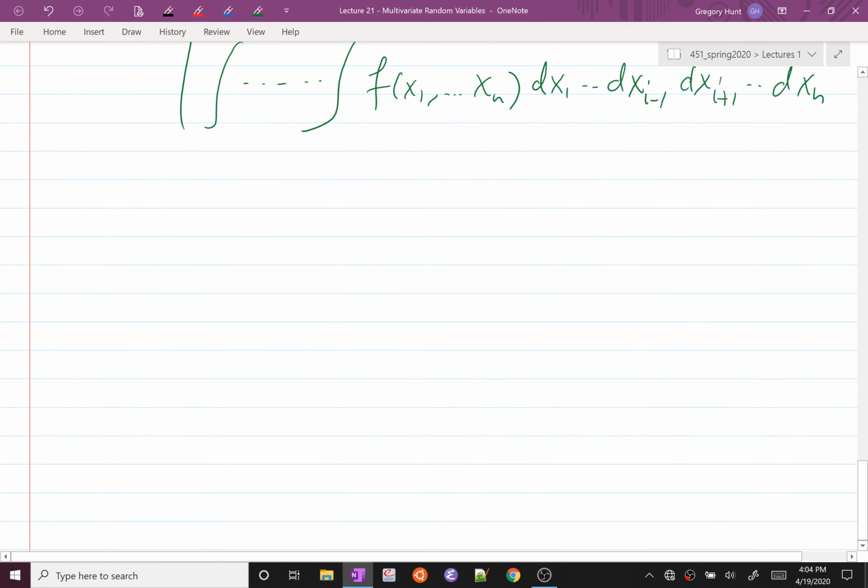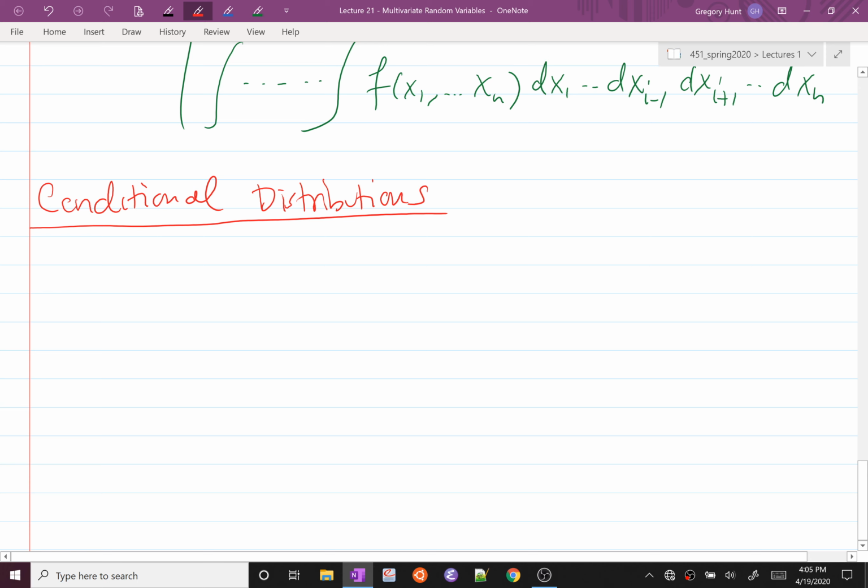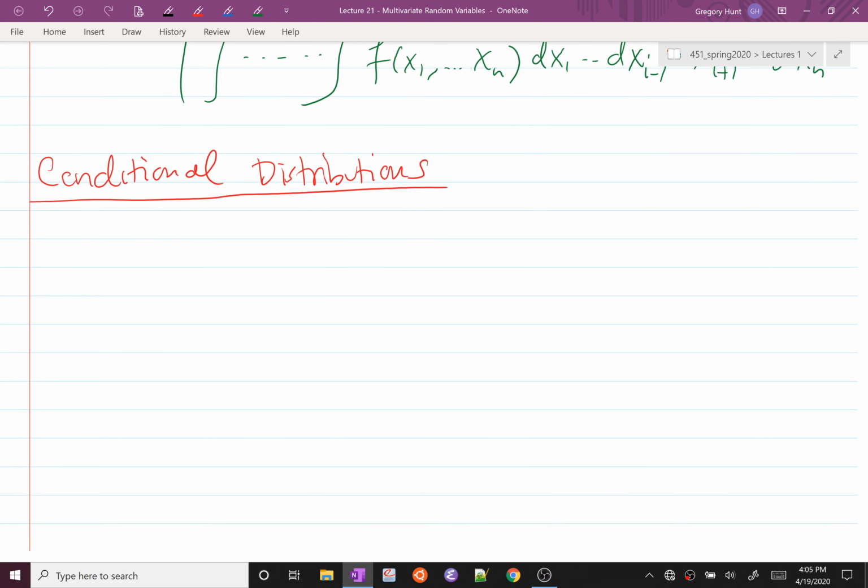We can also talk about conditional distributions. For the bivariate case, we get the conditional of x given y, or y given x. In this case, we can get the conditional of any subset given any other subset.